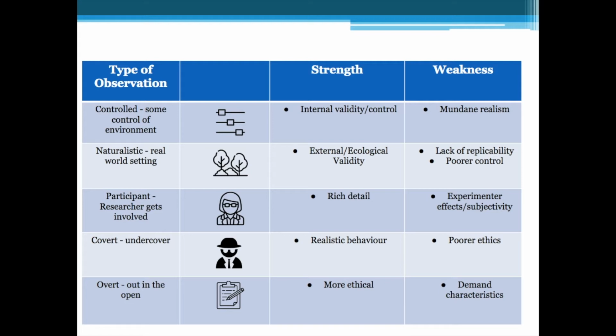But again, if you're hid in the bushes in the park and you're observing children, you will get arrested. You can't do that in the name of psychology. So it'd be better to be overt, but that might change behaviour. So you've got this, again, this balancing act between naturalistic, realistic behaviour, external validity, and ethics, essentially, and it's sometimes a difficult balance to make.